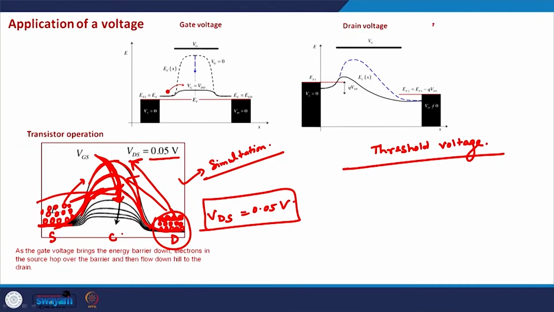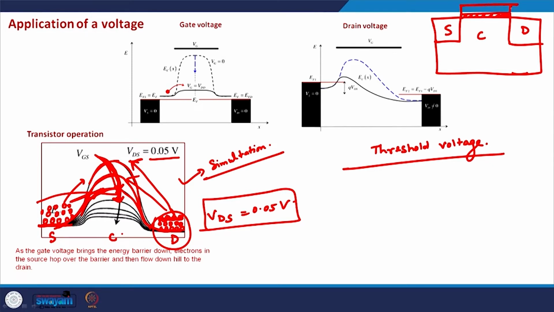So if we have the MOSFET like this, we have the source terminal, the drain terminal, the channel region. Just above the channel we have oxide, and on top of the oxide we can put the gate.